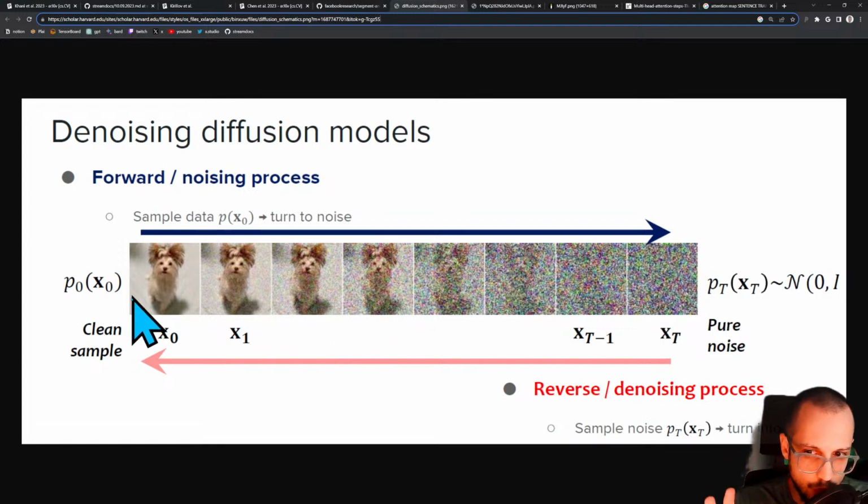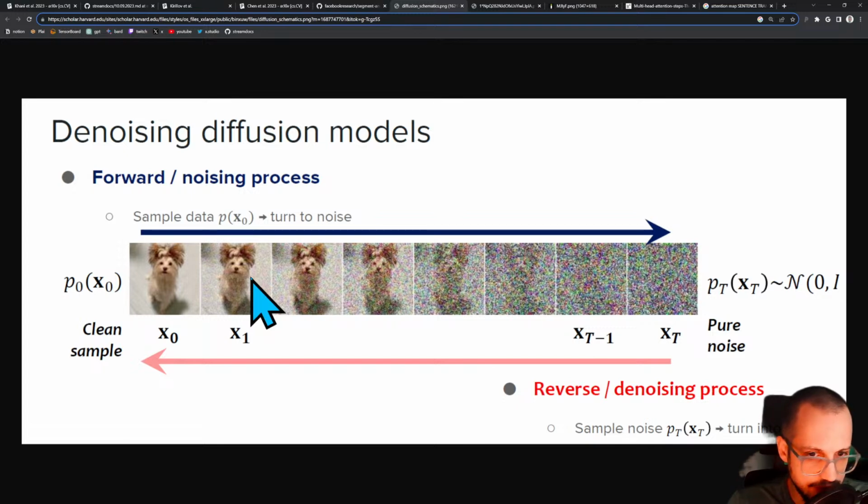And then when you add noise, that gives you a perfect example of the image and the image with some noise, and you know the exact noise that you added, which means that you know the exact noise you would need to remove in order to get the cleaner version of that image. So now you can formulate this as a learning process, and you can train a model to learn how to remove the noise. And it's not going to remove it in one shot, right?